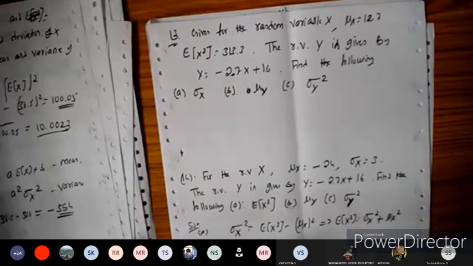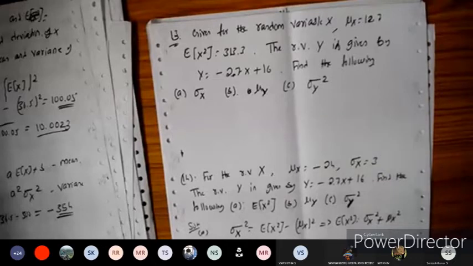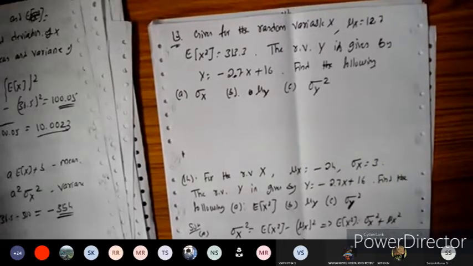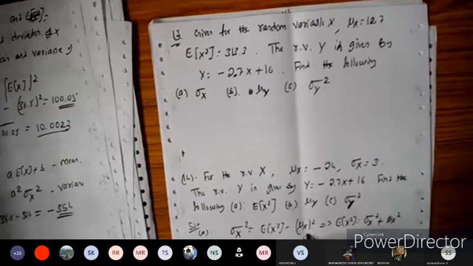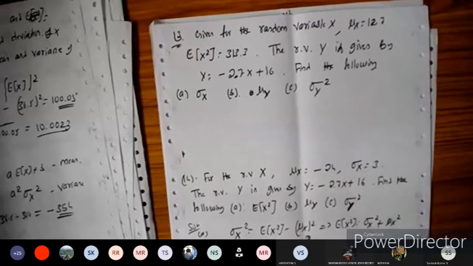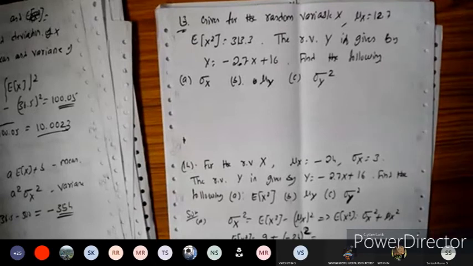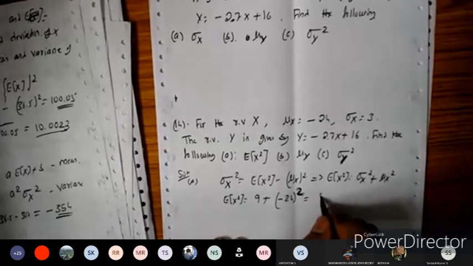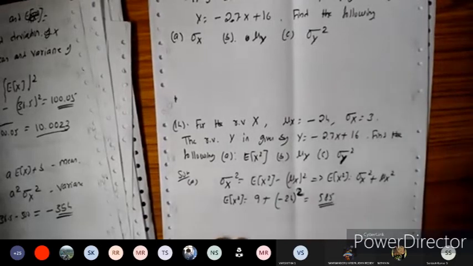Sigma x is 3, so sigma x square is 9, plus minus 24 the whole square. So how much do you get here? 9 plus 24 squared, 585. Very good, 585 here.